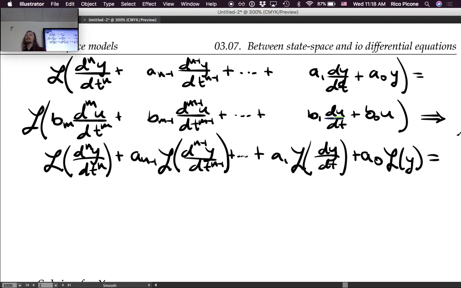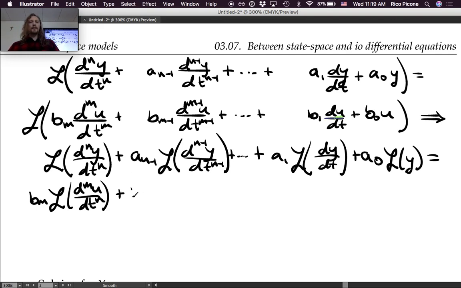The right-hand side is going to look very similar. We're going to distribute the Laplace transform on the right-hand side as well. So we have b_m Laplace transform of d^m u/dt^m plus b_{m-1} times the Laplace transform of d^{m-1} u/dt^{m-1}, this is weird looking u.